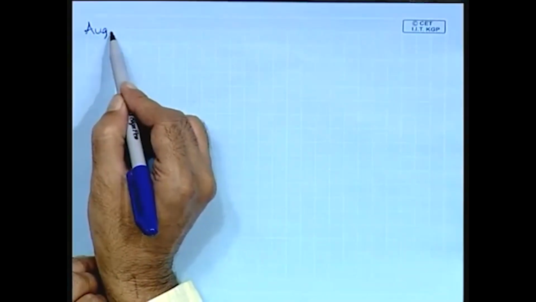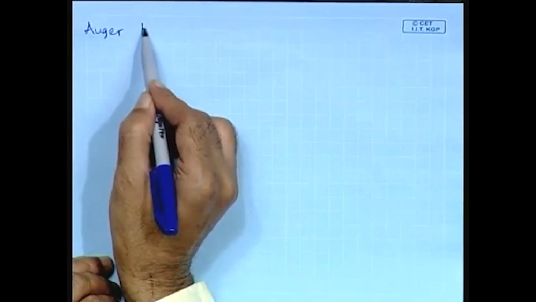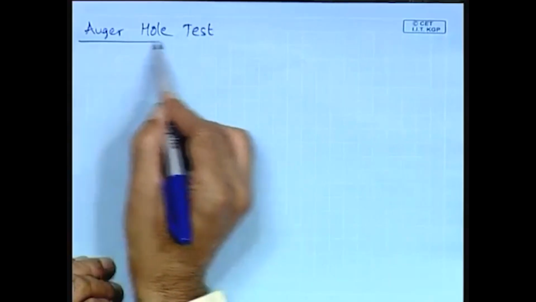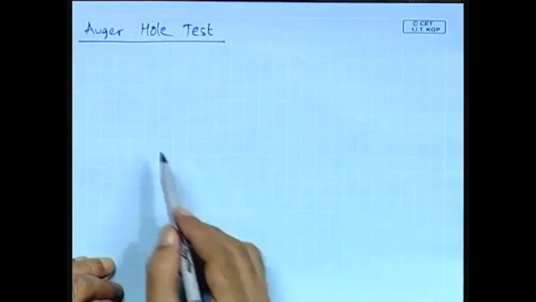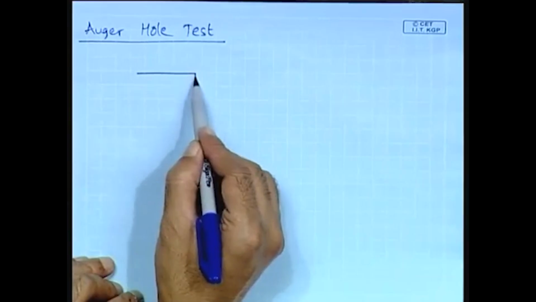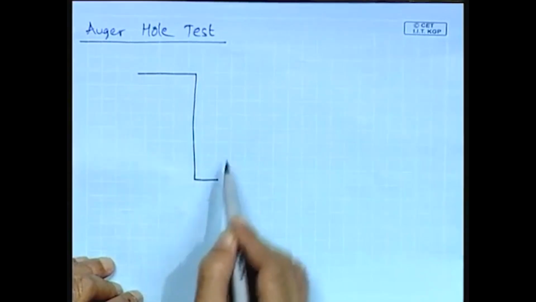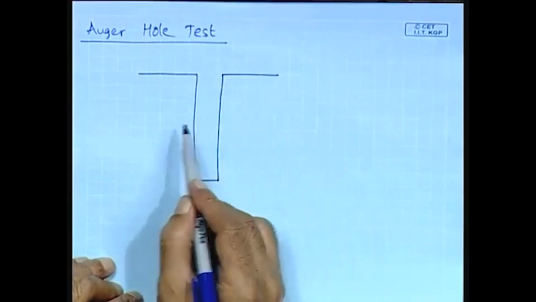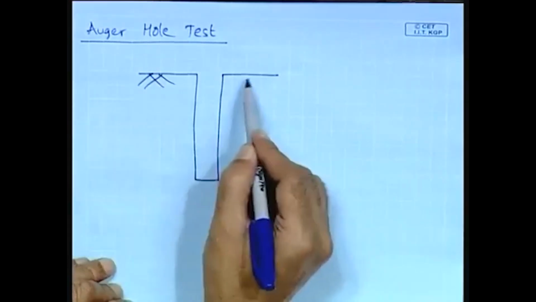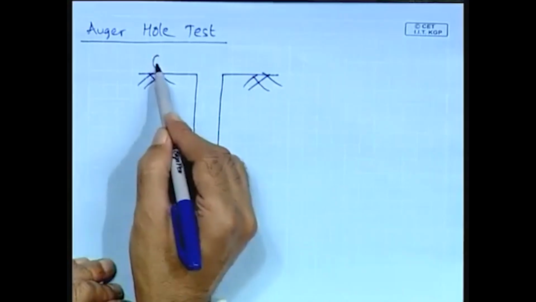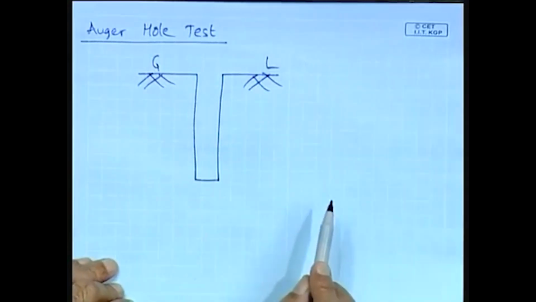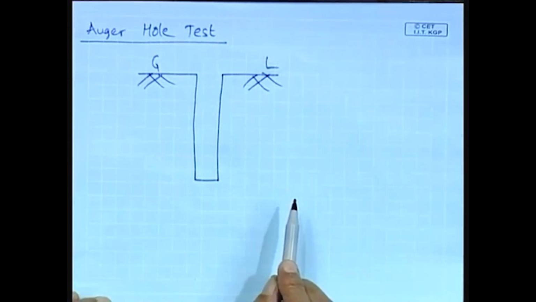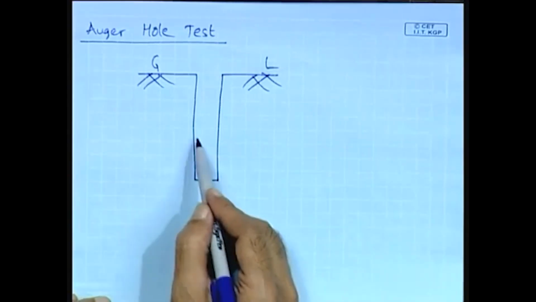Now let us come to another field test, which is known as the auger hole test. Here what is done is, an auger hole is drilled in the ground consisting of soil or rock, where we need the permeability or the hydraulic conductivity value.